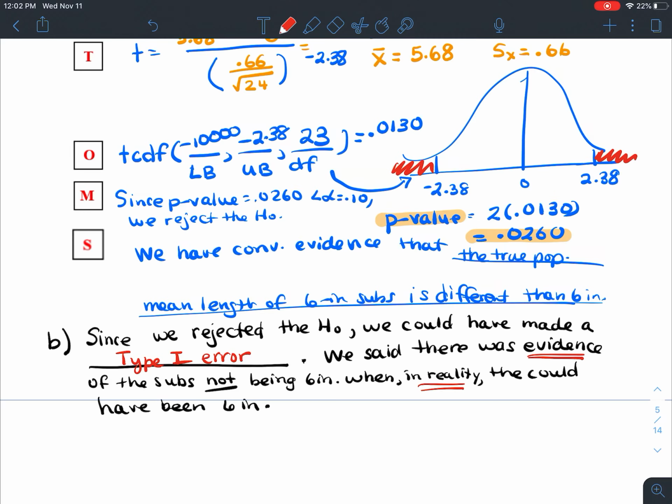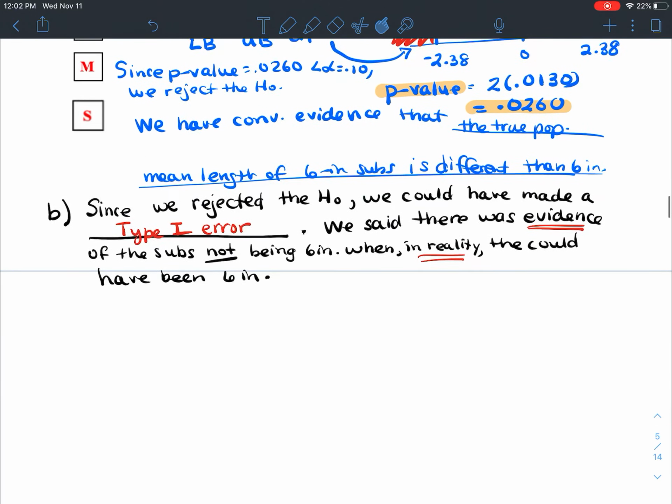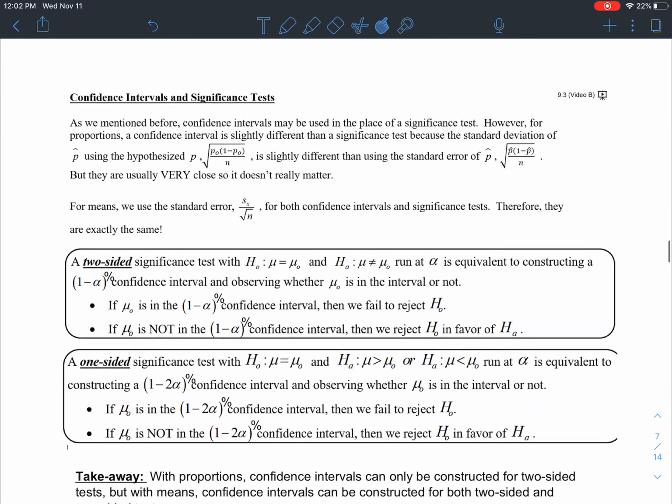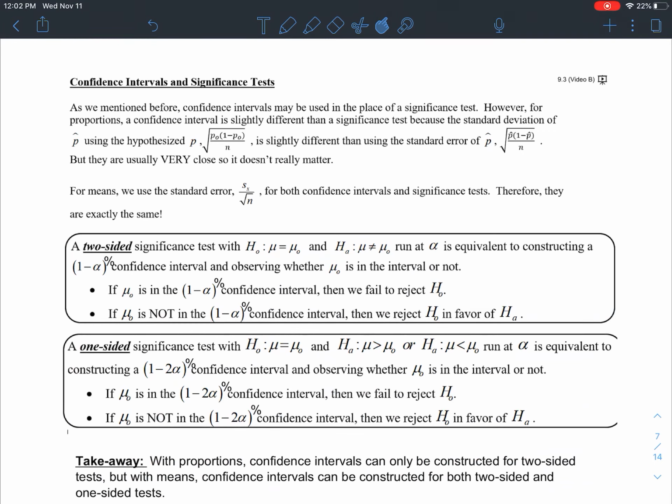Okay, so we're going to pick up here with video B, which I believe starts right here. We had talked a little bit about this in the last section, 9.2, where there was this connection where confidence intervals can be used in place of significance tests.